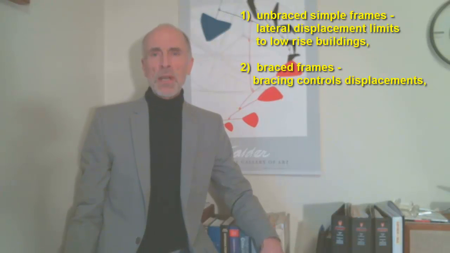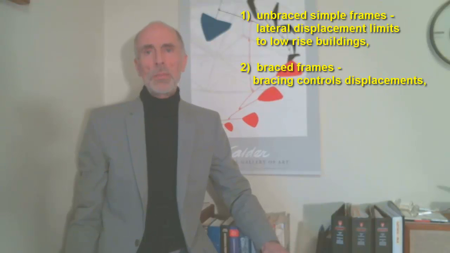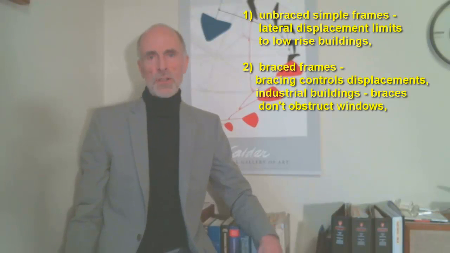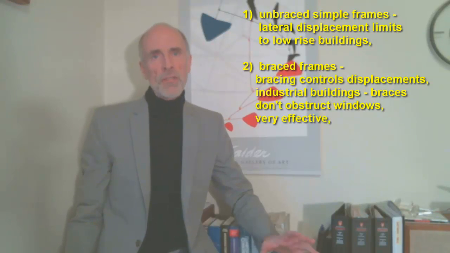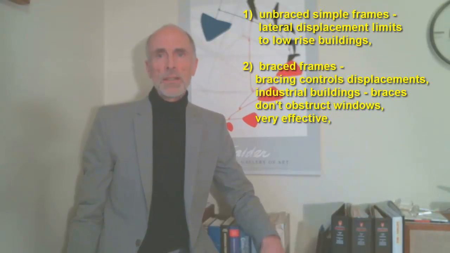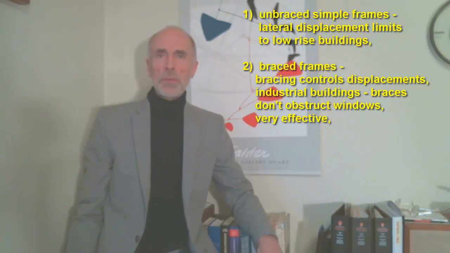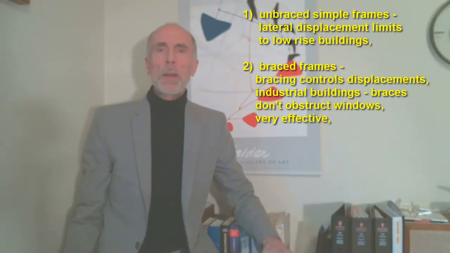By adding cross braces to create a braced frame, the lateral deflections can be controlled with little extra cost. Braced frames are particularly suited for industrial buildings, where the cross braces don't have any architectural impact. They are very effective in reducing lateral displacement compared to an unbraced simple frame.